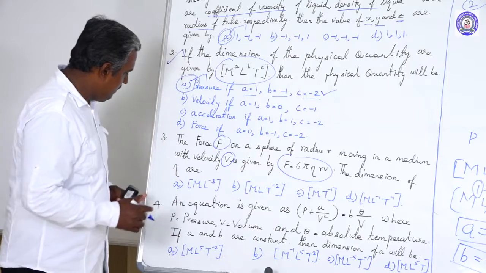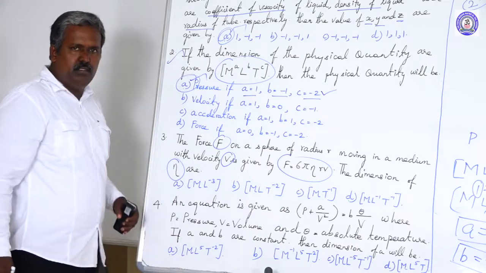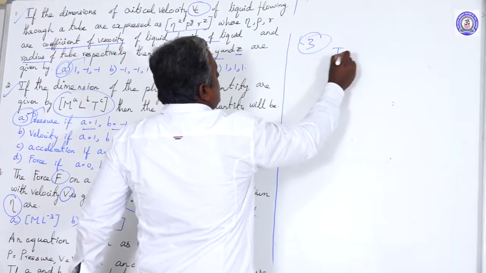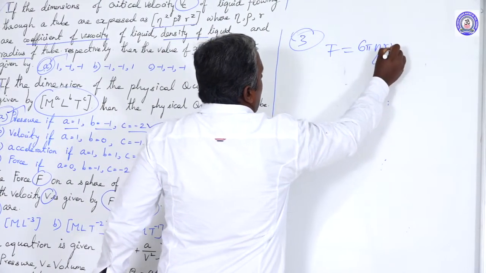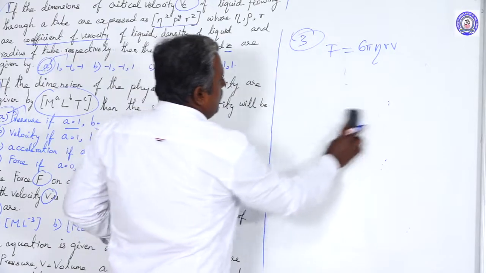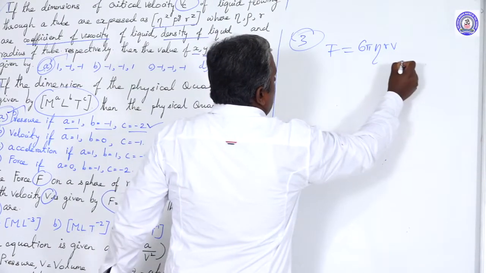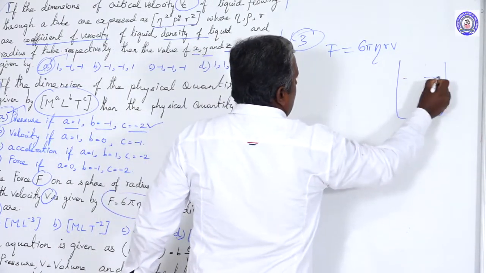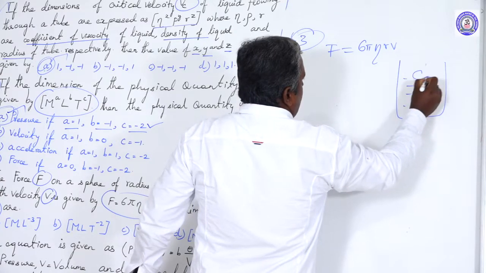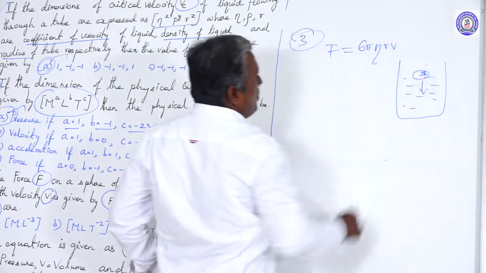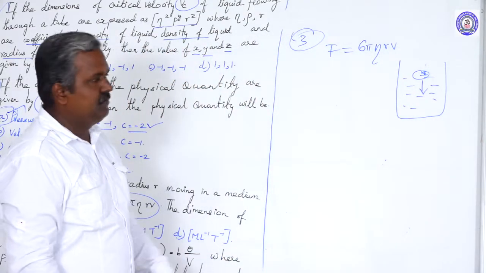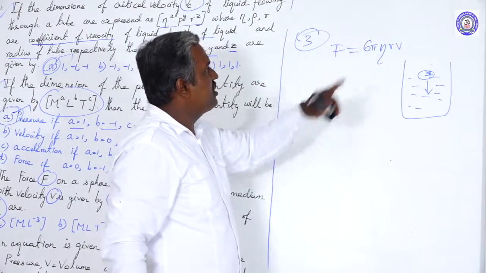The dimension of eta is, very simple. F is the viscous force. F is equal to 6 pi, this constant, eta rv. Not about the velocity, it's a radius r. With the constant velocity, that is called terminal velocity. No need of this, just keep looking at 6 pi eta rv, that's all.